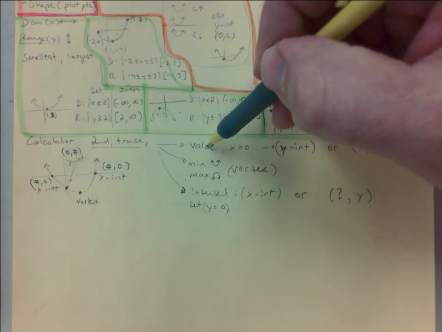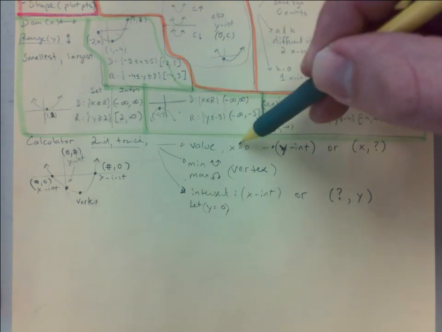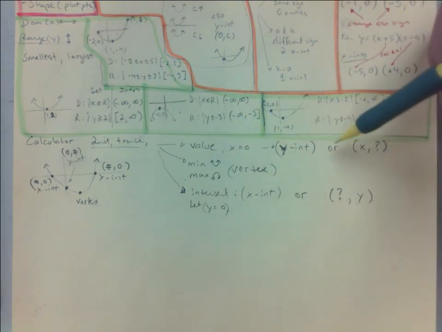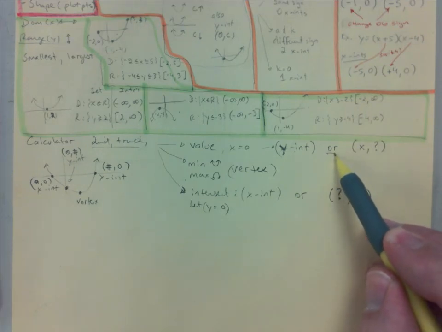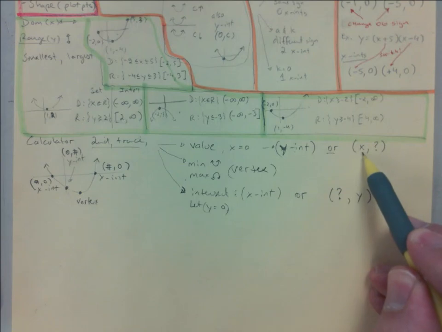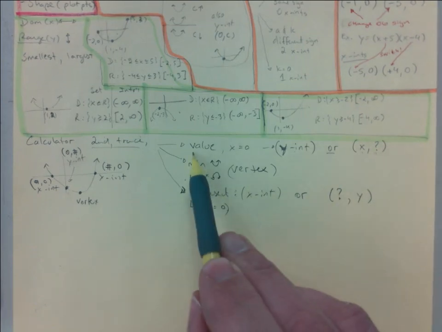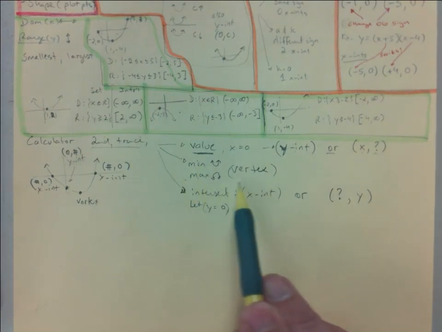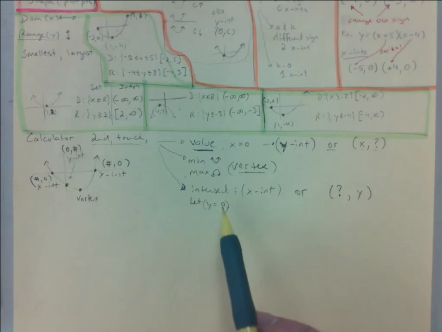If you want to find the y-intercept, we let x equal 0. Second trace, value, x equal to 0, gives the y-intercept. Or, this is new for today: if you're given an x value, any x value that I throw at you, you will be able to find the y value. That's what this function does as well. Second trace min or max find the vertex, and I have a little diagram there to help me understand which one to use when.